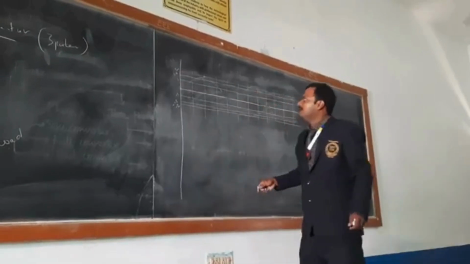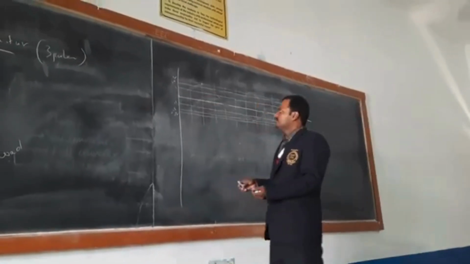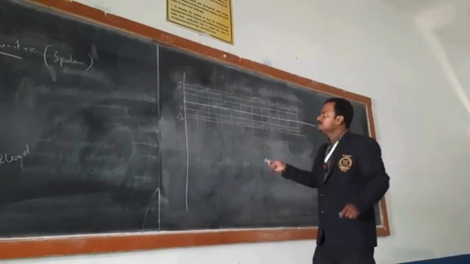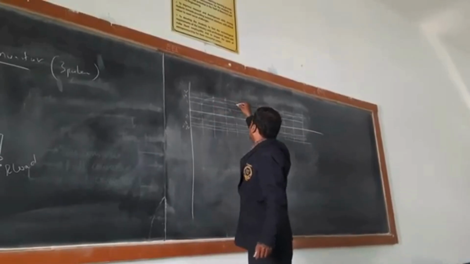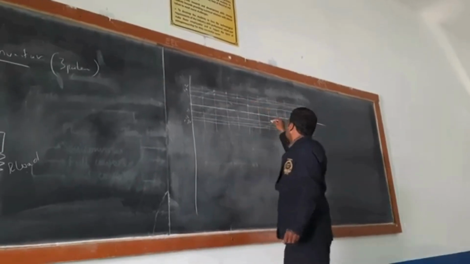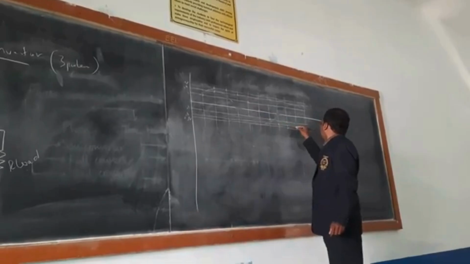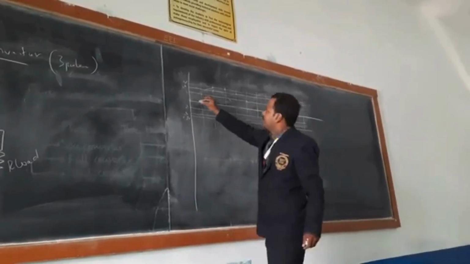We need to take the 3 lines above the reference and below the reference. Now we draw the R phase, just connecting the adjacent terminals.